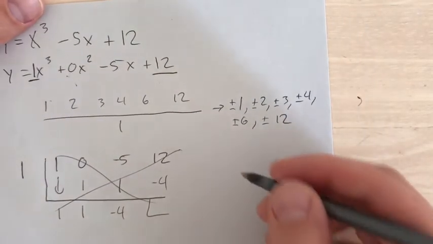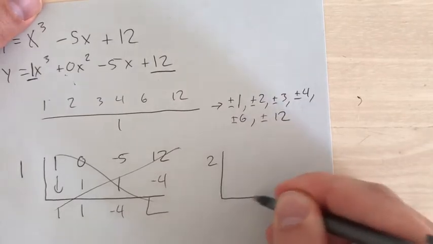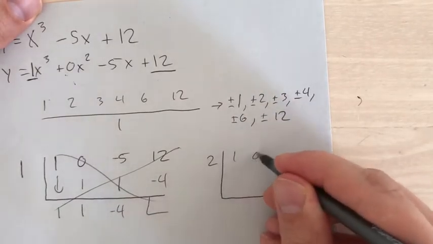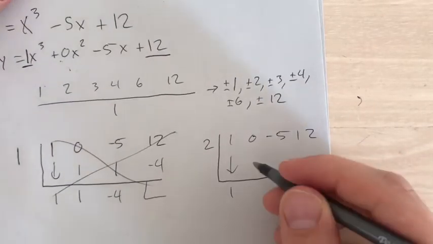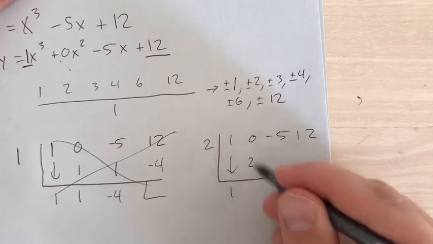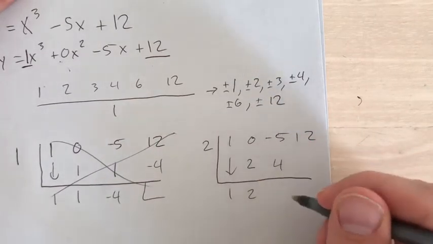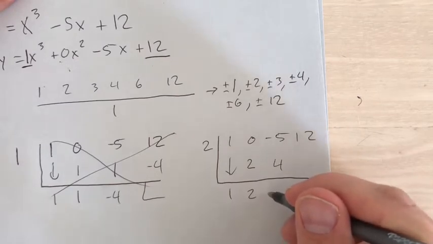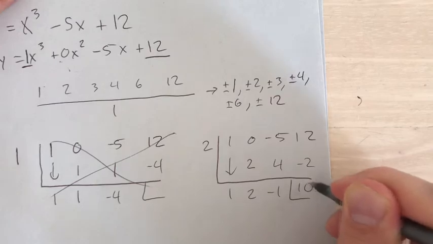Let's try again. Let's try maybe 2. Again, we're just going until we find one that actually does work. So drop this down, 1. 2 times 1 is 2. 2 times 2 is 4. Negative 5 plus 4 is negative 1. It's negative 2. That's not going to work either.